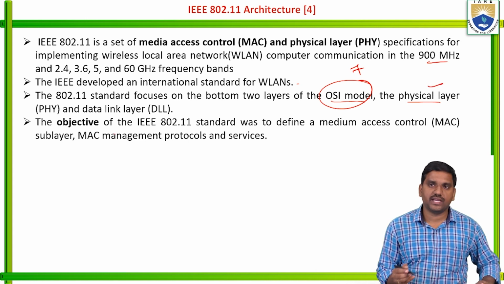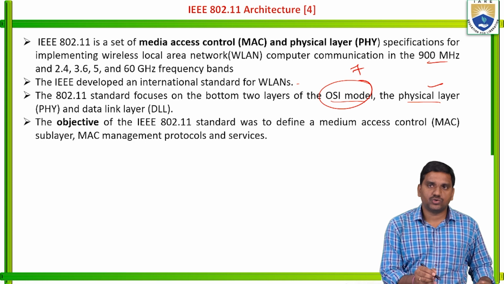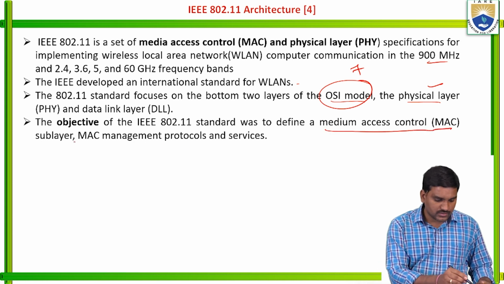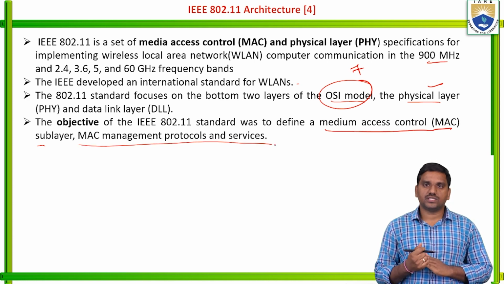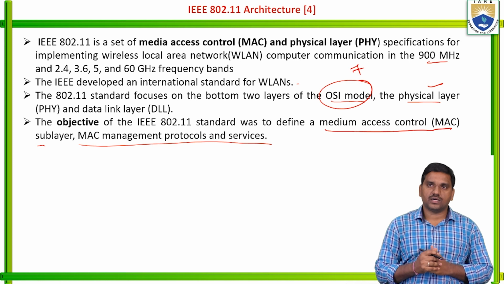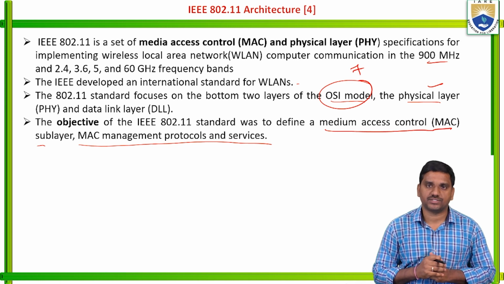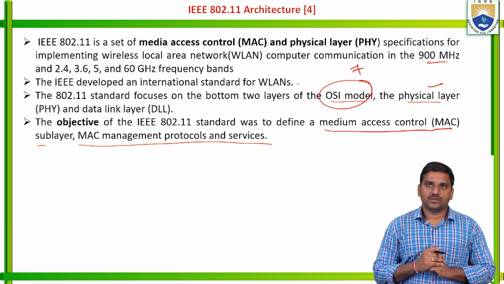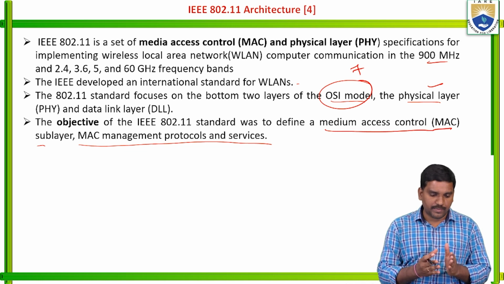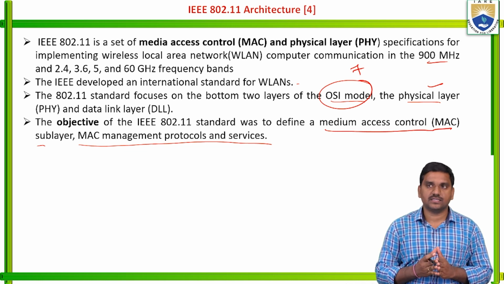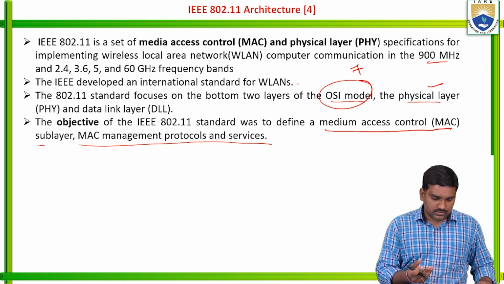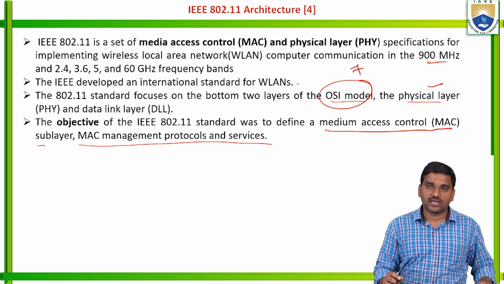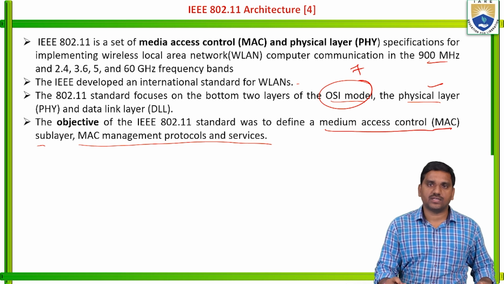The main objective of the IEEE 802.11 standard is to define the medium access control, MAC, sublayer, MAC management protocol and services. So this is some more information on the IEEE 802.11 architecture. First, it is a set of media access control and physical layer specifications. It focuses on the physical layer and data link layer of the OSI reference model.